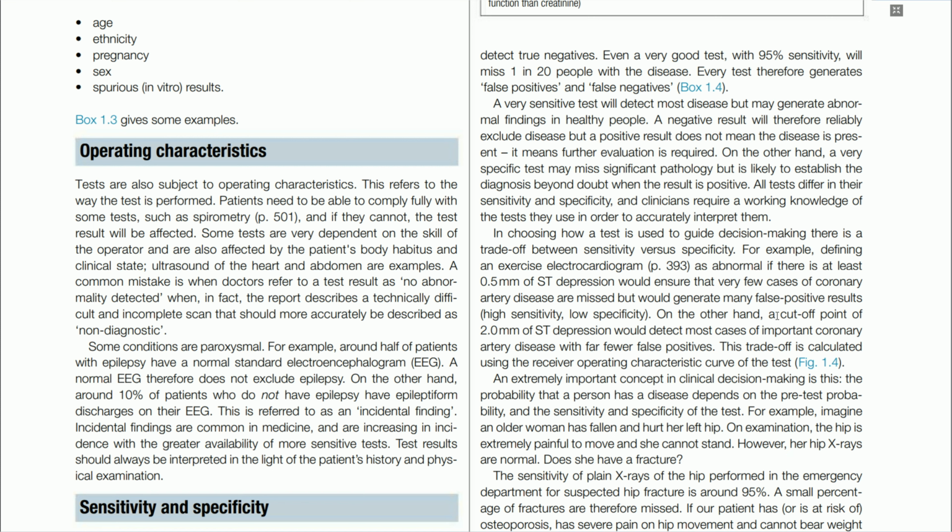On the other hand, a cutoff point of 2 millimeters of ST depression would detect most cases of important coronary artery disease with far fewer false positives. This trade-off is calculated using the receiver operating characteristic curve of the test.